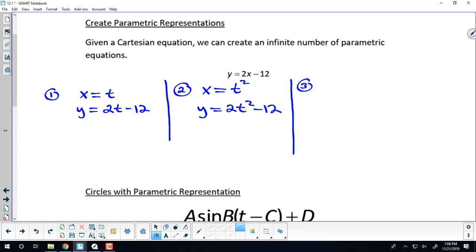These are pretty straightforward. Whatever x is, we just put that in for t. If x were 2t plus 4, then we could say y is 2 times (2t plus 4) minus 12, and so forth.